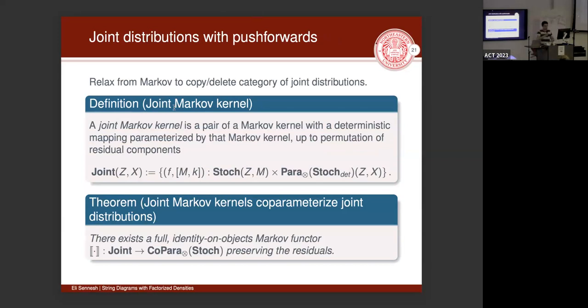Then we're going to have a parameterized deterministic morphism, so it's going to be a deterministic morphism of Z tensor M into X. And those nice little fancy double brackets I showed you earlier are actually symbolizing a full Markov functor that sends morphisms in joint or diff joint into CoPara Stoch, so that we can actually explicitly work with the diagrams and bicategorical structure like we want.